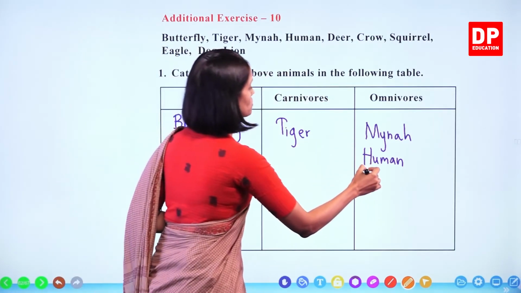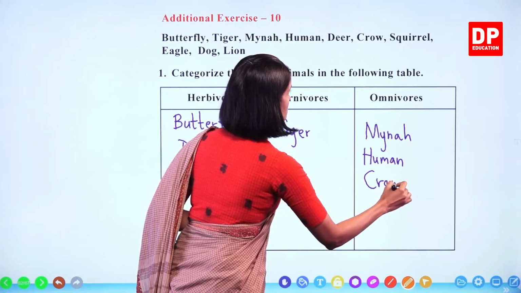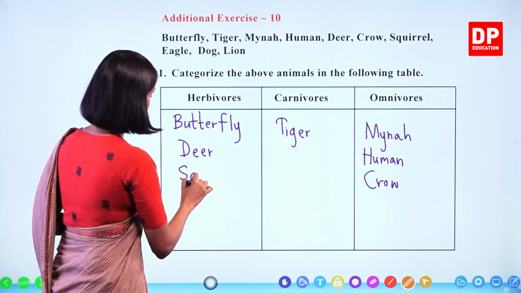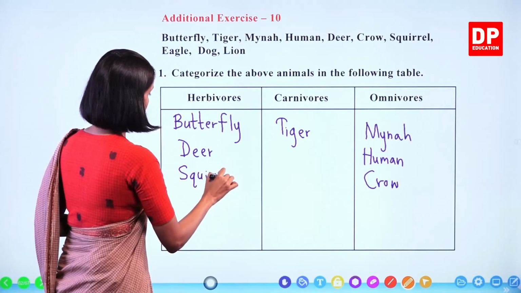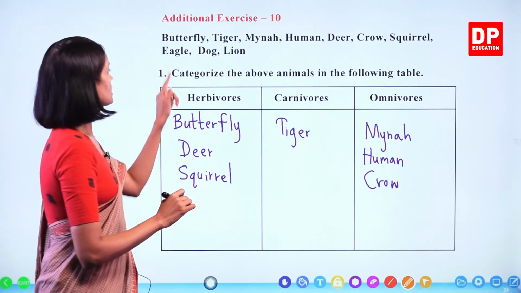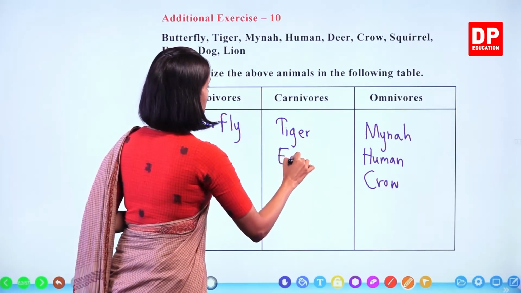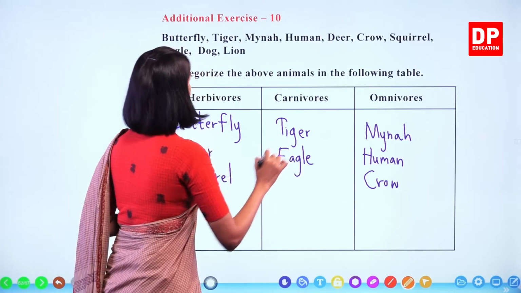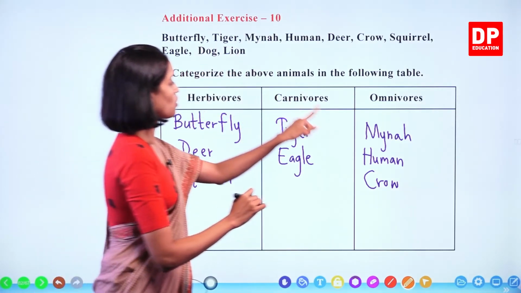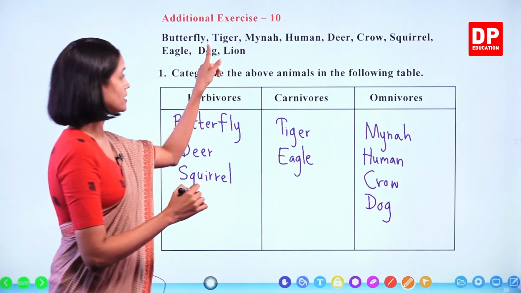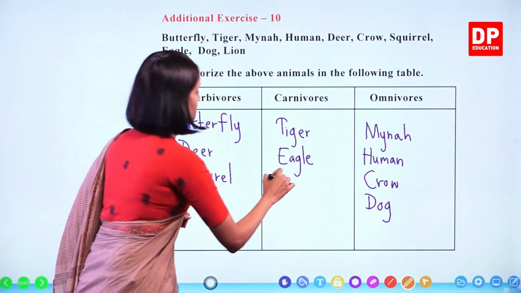Crow, omnivore. Squirrel, herbivore. Eagle, carnivore. Dog, omnivore. What about the lion? A carnivore.